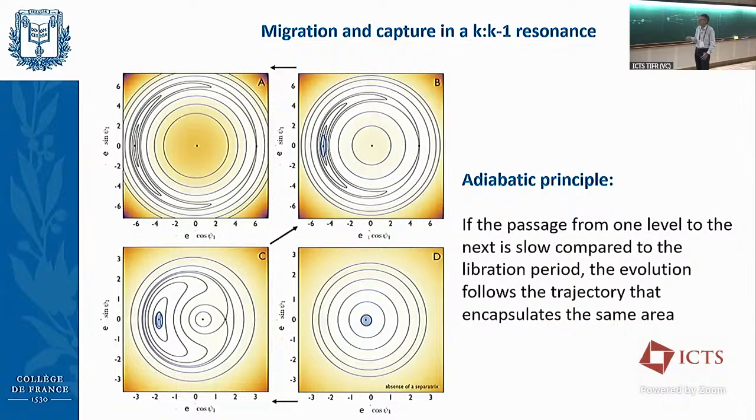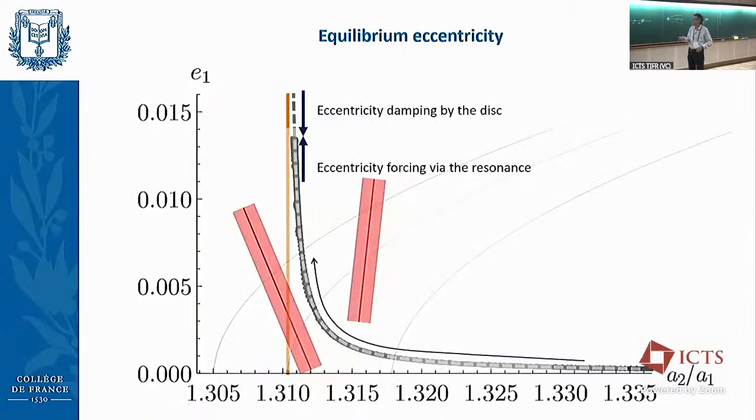And because far away from the resonance the planets are on circular orbits, because the disk damps the eccentricity, the planets come in very close to zero eccentricity. So initially they have a very small area, and they have to preserve this small area. So if you go to our scheme, the planet is approaching from far at zero eccentricity. So the area around the equilibrium point is very small, and this area is kept small.